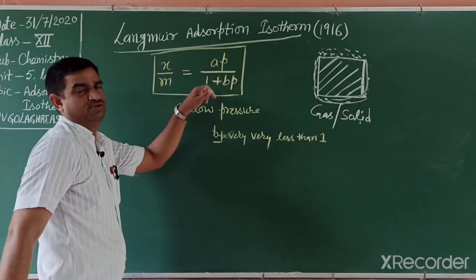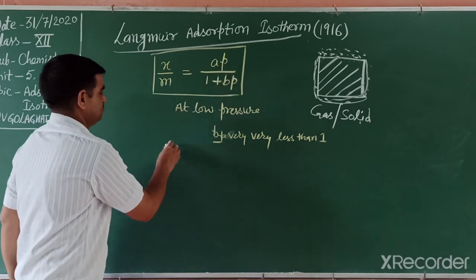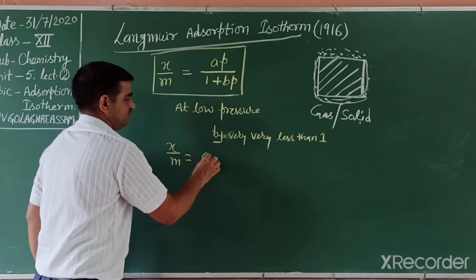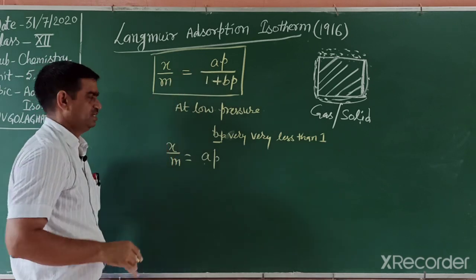So we ignore this BP value, and if we ignore it, then x by m is equal to AP. A and B are constants.